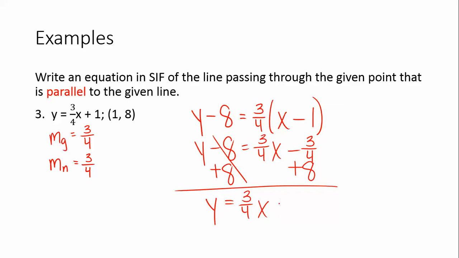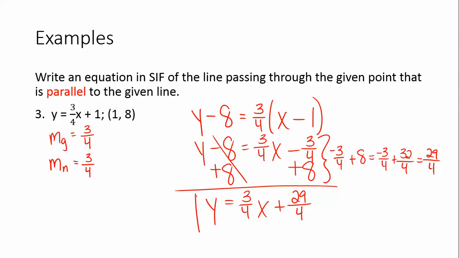So I'm going to say 29/4. This is negative 3/4 plus 8. So you might do some side work. Yesterday we were getting common denominators. So it'd be 32/4. Negative 3 plus 32 is 29/4. So here's the equation of the line that's parallel to that given line and goes through the point (1, 8).